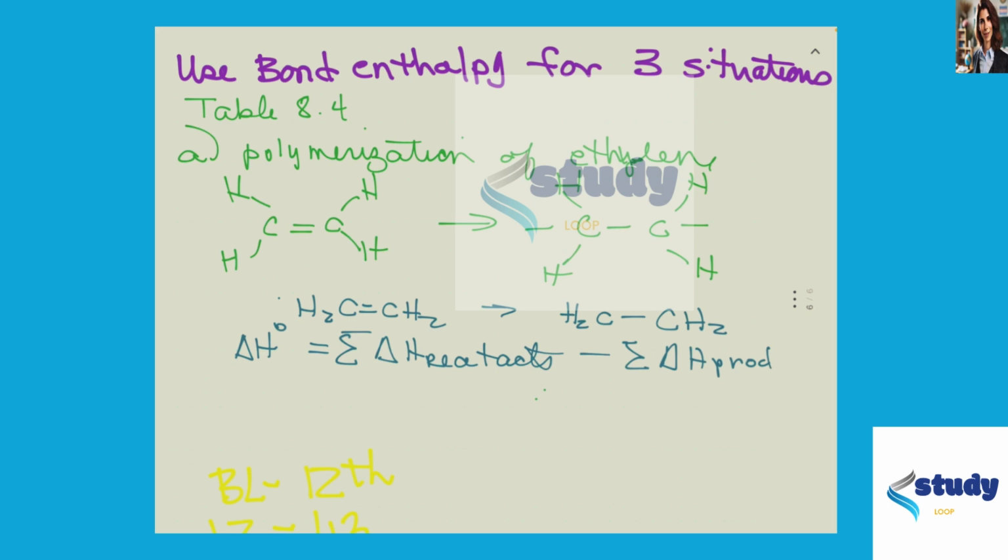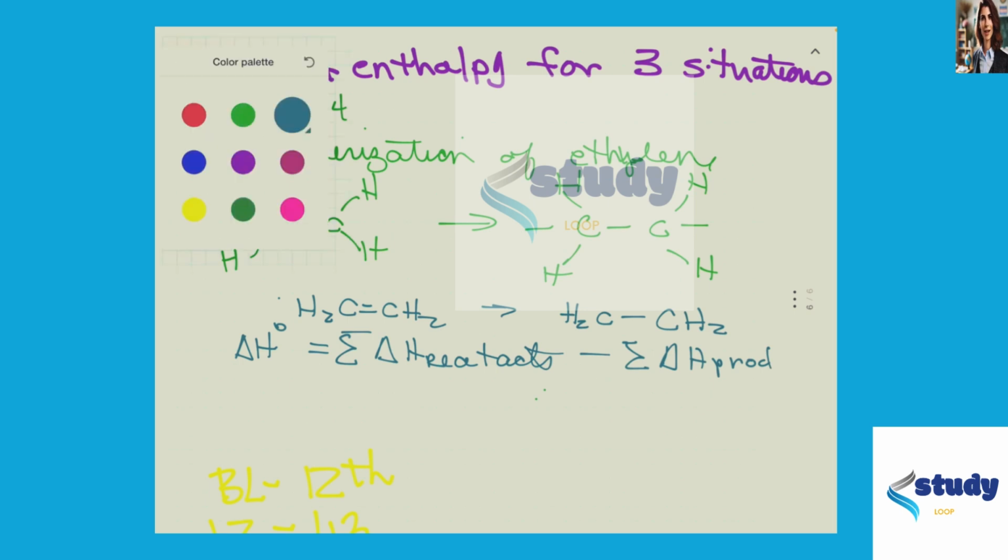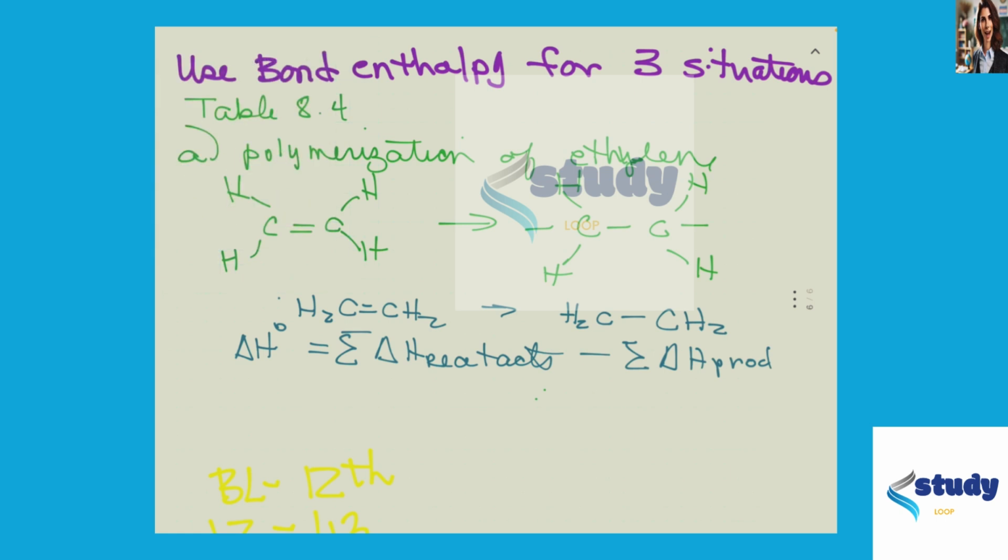Okay, so let's look at our bonds. Here we have 4 CH bonds, and here we have 4 CH bonds. So those will cancel out. Here we have 1 carbon double bond carbon. Here we have 1 carbon single bond carbon.